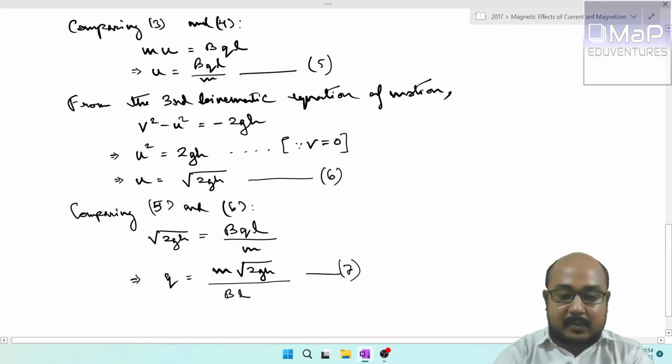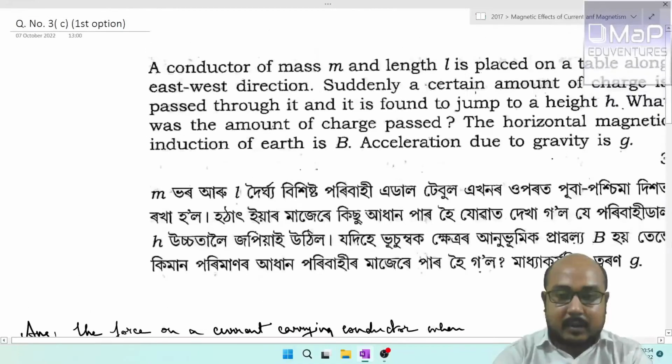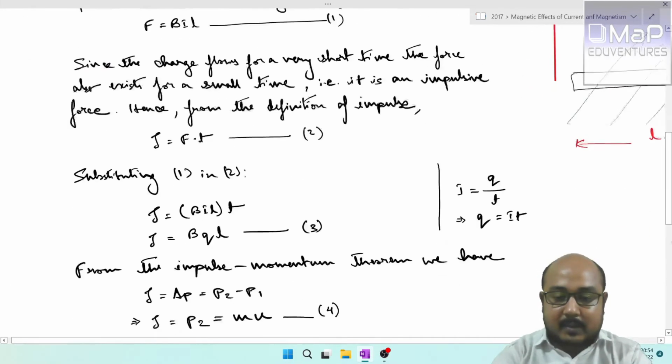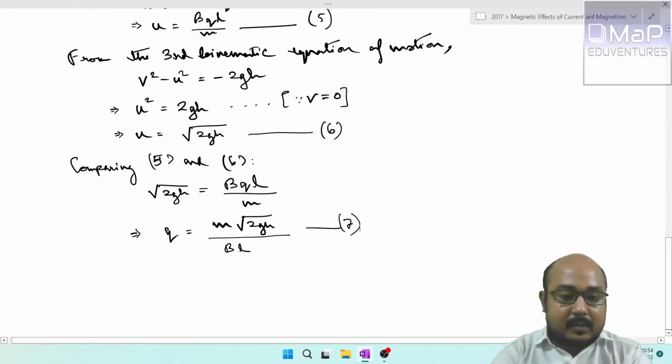This is the expression we are asked for in question number 3C, first option: what is the amount of charge passed? The amount of charge passed appears in this form, m times square root of 2gh divided by B l. They have not given any values, so I have written everything in terms of variables. So this is the answer.